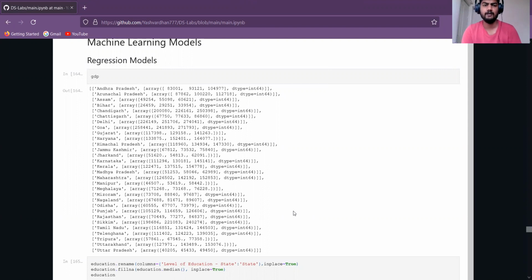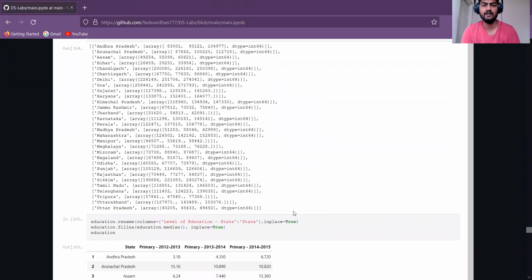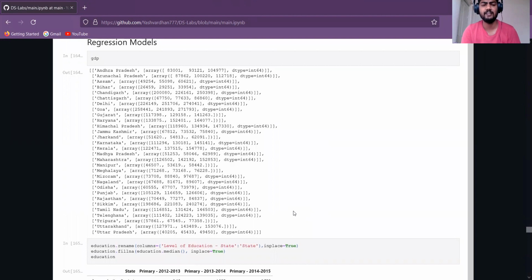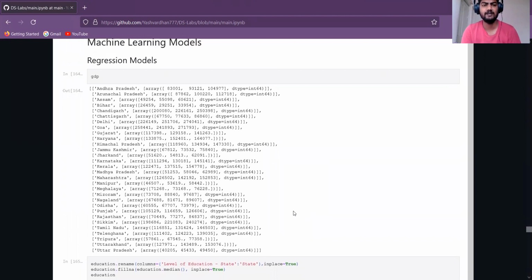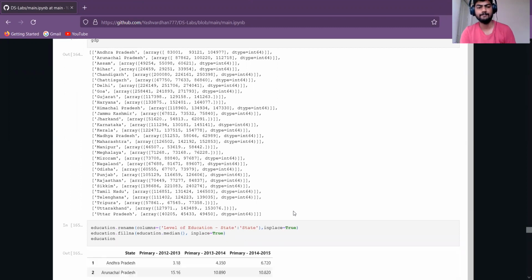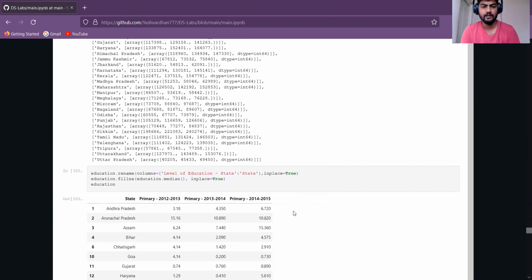In order to build, we use various machine learning models such as the linear regression model and k-means clustering. First of all, we use the regression model to build a model on our data.